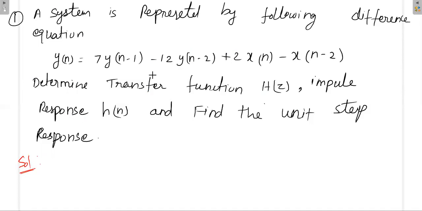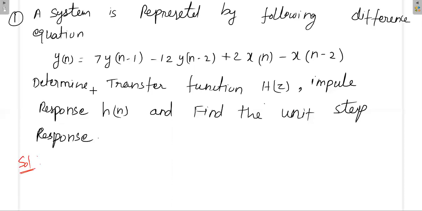The output of the system depends on the present input as well as the past input and the past output. We already know that in a causal system the output depends on the present input and the past input, but not the future. So this is a causal system.